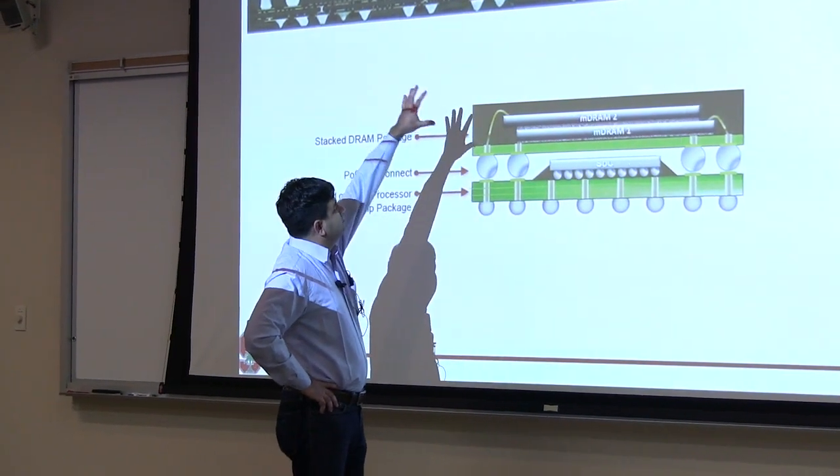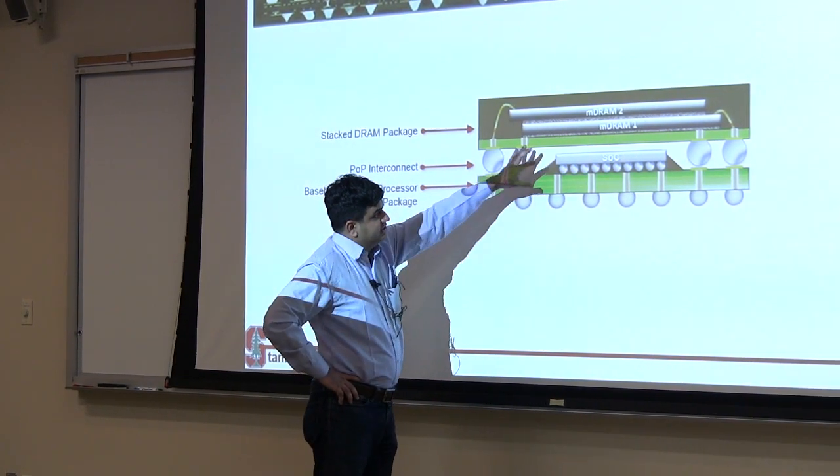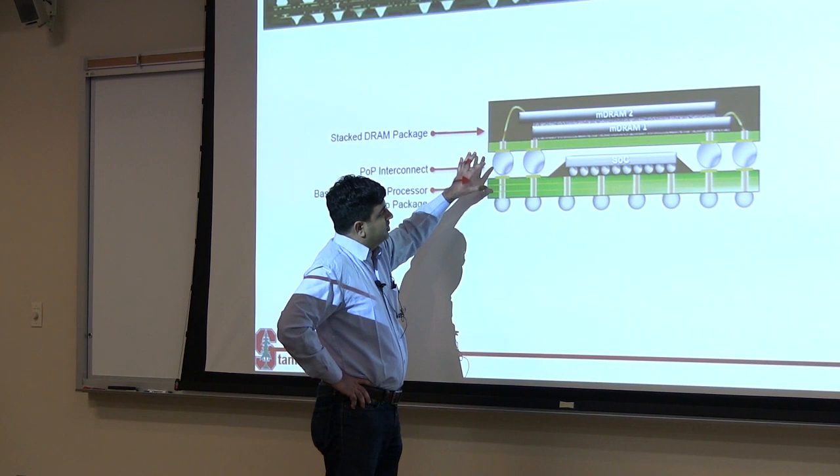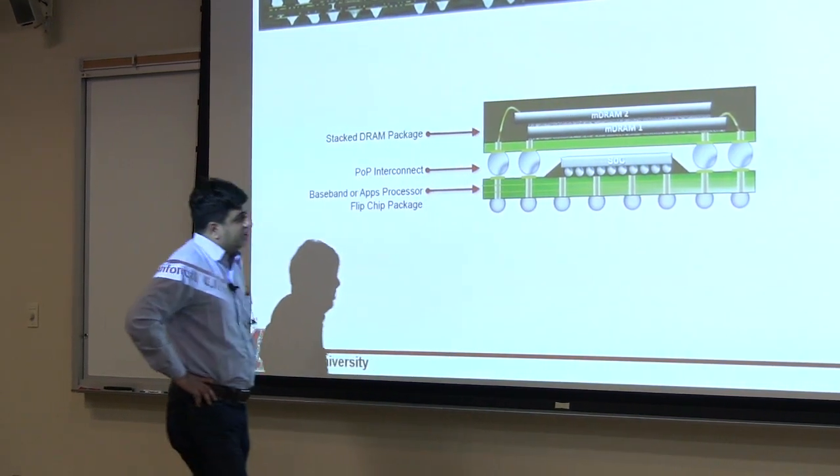These top two chips are already made into a package, and this microprocessor below is already in a package. It's just that these two packages are placed on top of each other.